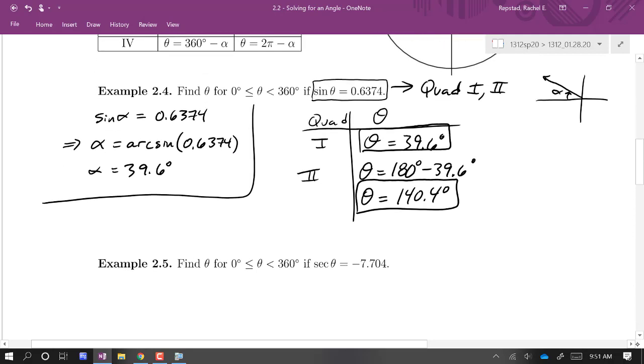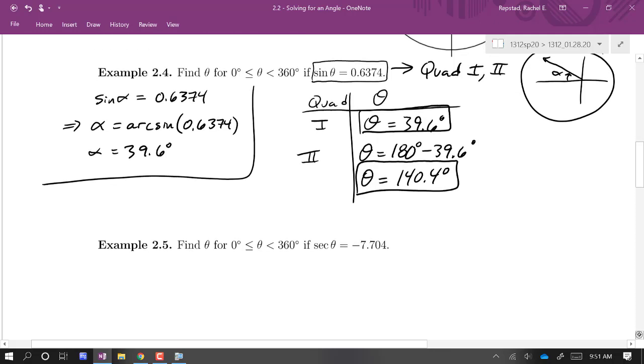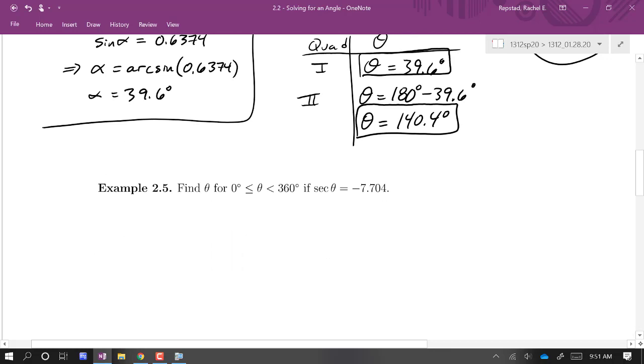How's that? When I'm doing a problem like this, I almost always start by sketching a little mini plane to identify where I'm looking. So here secant is negative 7.704. What function is secant related to? Cosine. So what is cosine theta?